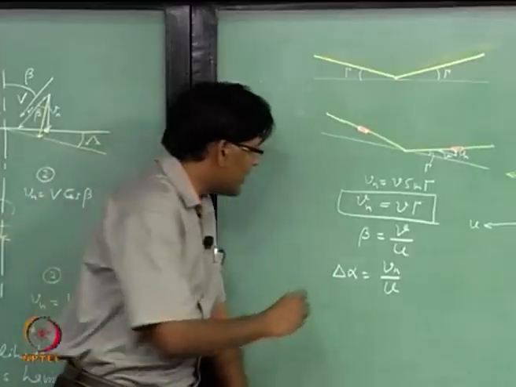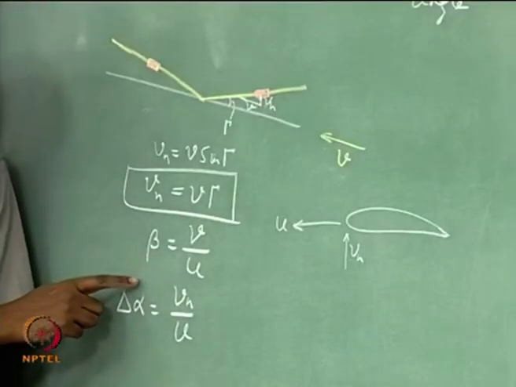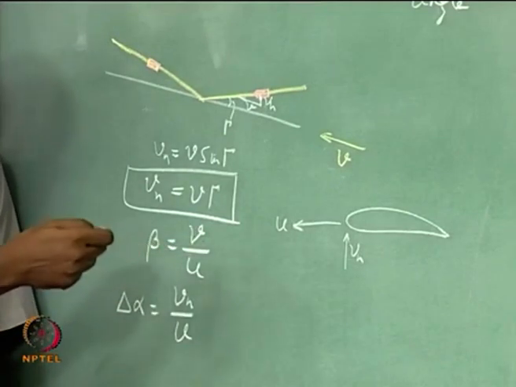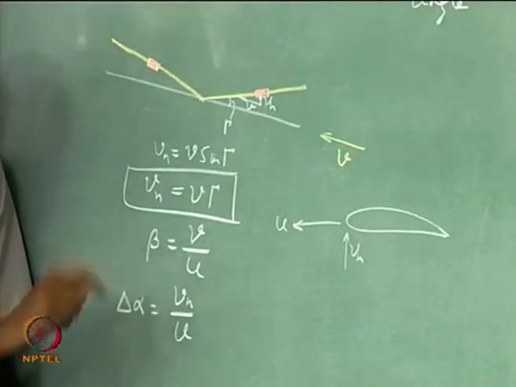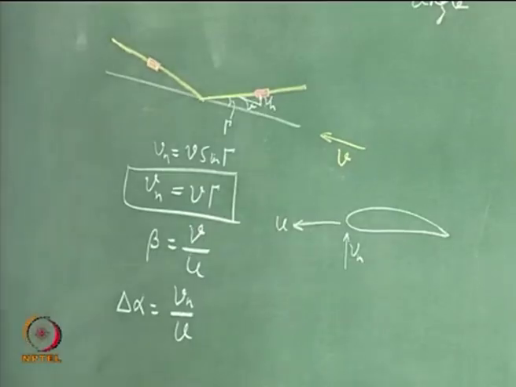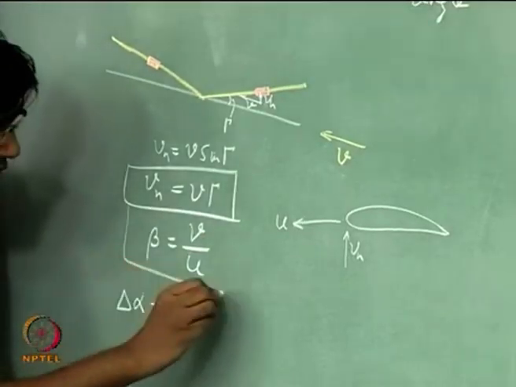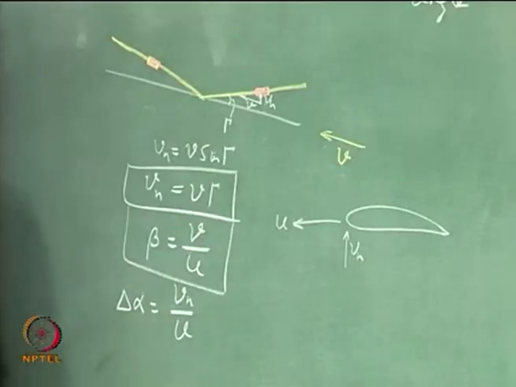Beta is defined like this, the ratio of the side velocity and the forward velocity. Here also I have assumed this beta to be small. So this is also clear, I believe.